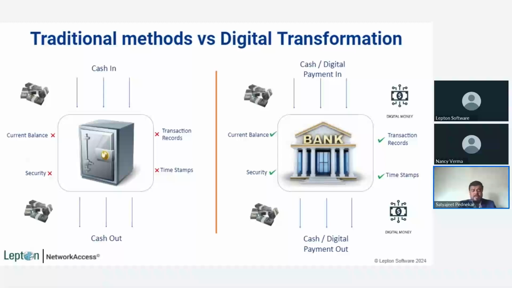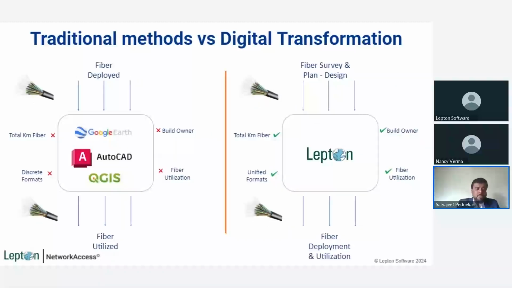If I map the same thing with our fiber network, then this particular stage of evolution comes into the picture. Traditionally, all the fiber planners and designers used to deploy the fiber. Whenever a capex came into the account, everyone was in a hurry to deploy the fiber.